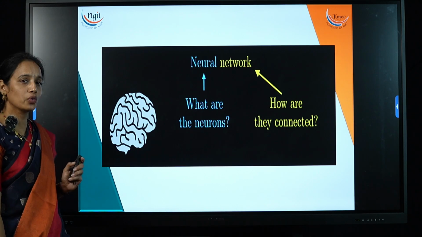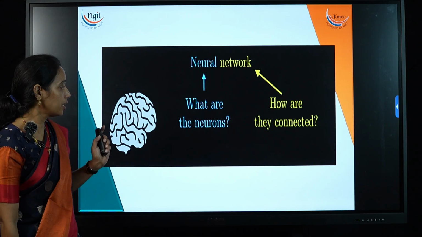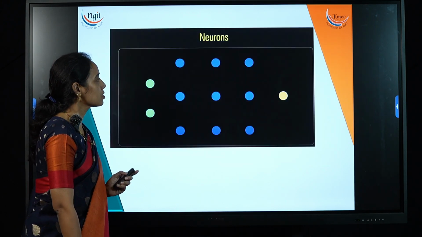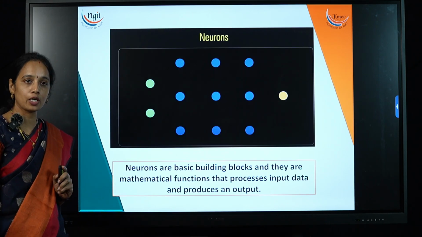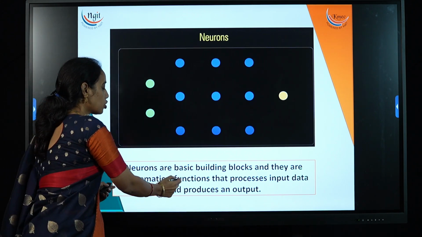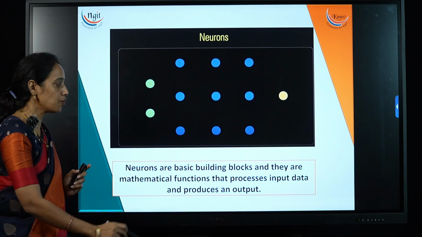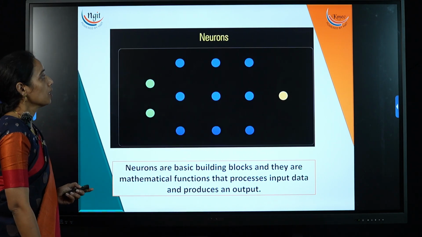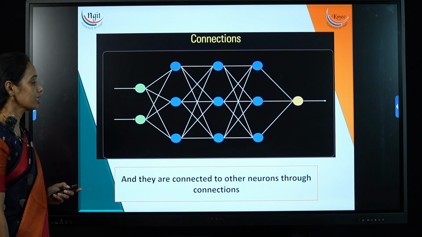And coming to the neural networks, we have two words here. What are neurons and how are they connected? Neurons are the basic building blocks, and they are also called a mathematical function that processes input data and produces an output. And how are they connected?